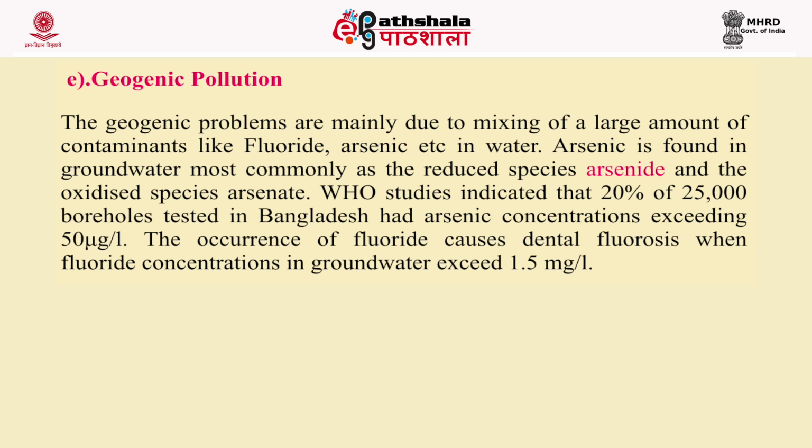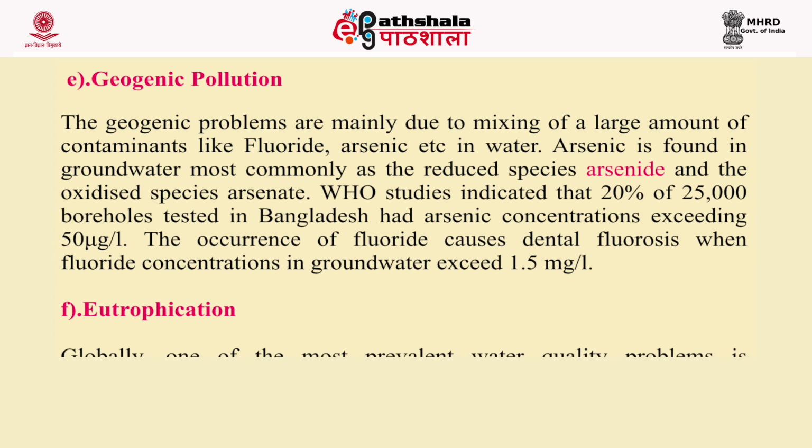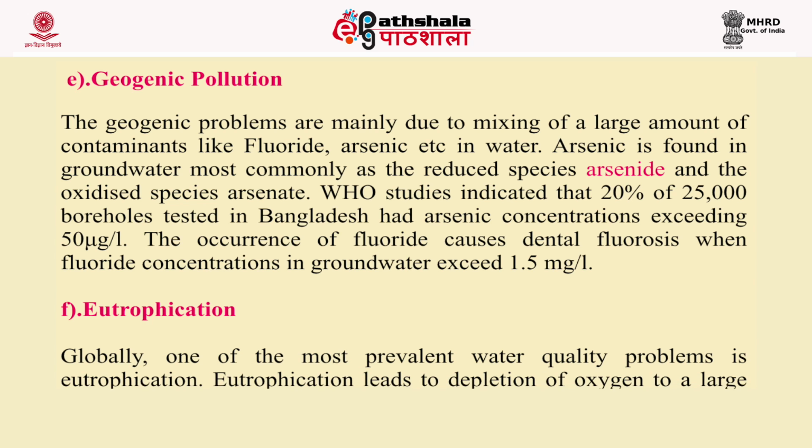WHO studies indicated that 20% of 25,000 boreholes tested in Bangladesh had arsenic concentrations exceeding 50 micrograms per liter. The occurrence of fluoride causes dental fluorosis when fluoride concentration in groundwater exceeds 1.5 milligrams per liter.